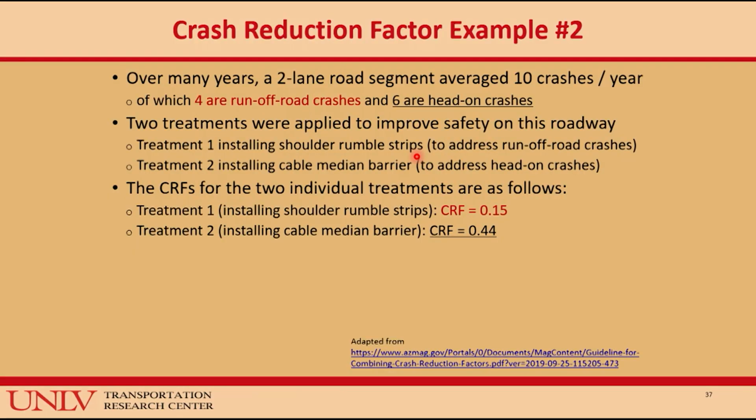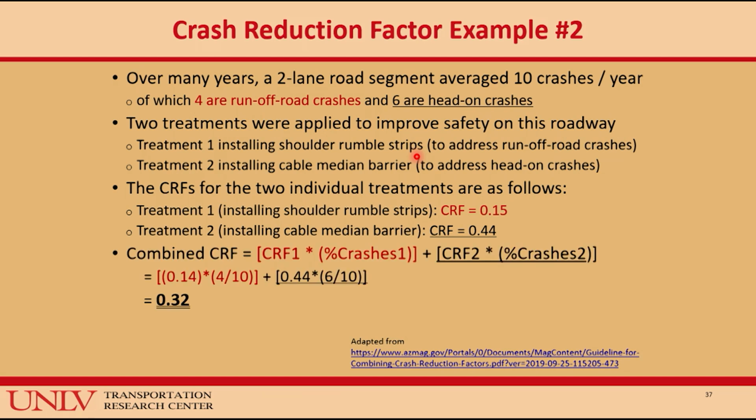So for treatment 1 the reduction factor was 0.15, and for treatment 2 the reduction factor is 0.44. So what we have here is we had 4 out of 10 crashes that were run off the road. That's what I have in red. The black underline is head on. So the 0.14, I have a typo.